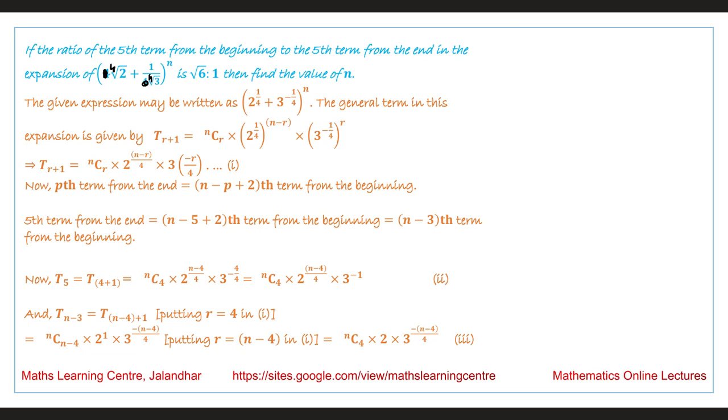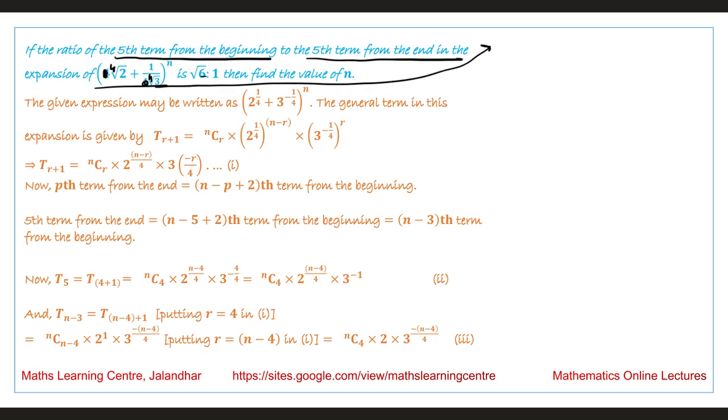Now the next question we have is, if the ratio of the fifth term from the beginning to the fifth term from the end in the expansion of this is root 6 is to 1. So this expression we can write as (2 raised to the power 1 by 4 plus 3 raised to the power minus 1 by 4) raised to the power n. We are talking about the fifth term from the beginning and the fifth term from the end.